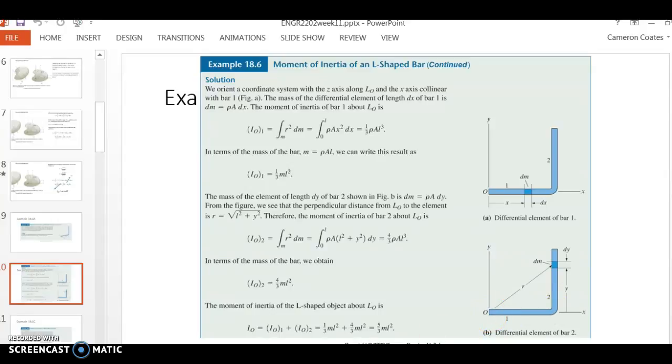That's what we're doing here. So the 1/3 mL squared will be the moment of inertia of the horizontal bar, while the 4/3 mL squared is the moment of inertia of the vertical bar about the same axis, again the axis passing through O and perpendicular to the plane of the paper.